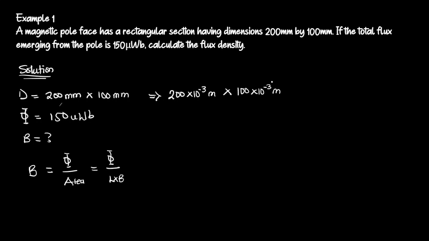So if I multiply these two to get my area, the area will be equal to 100 times 10 raised to the power minus 3 multiplied by 200 times 10 raised to the power minus 3, and so therefore the area in this case will be 0.02 meters squared as the area for this magnetic pole.